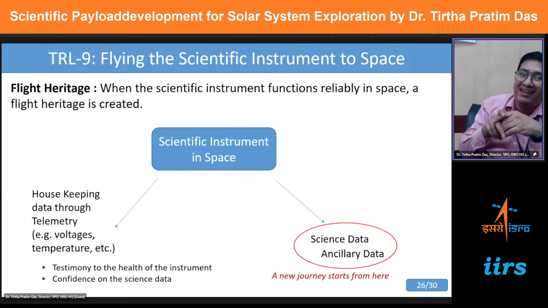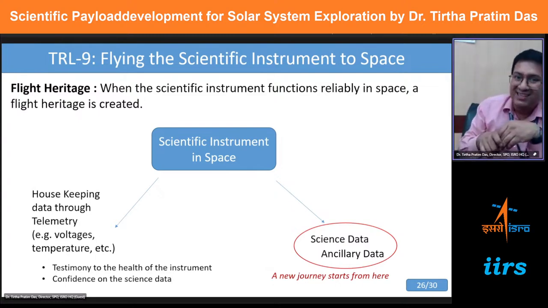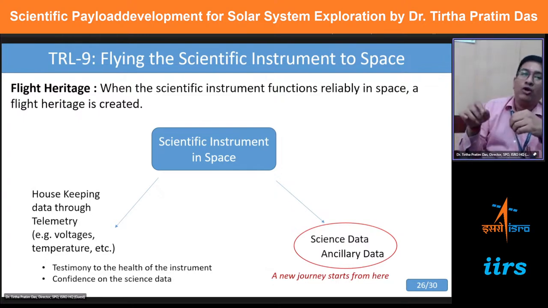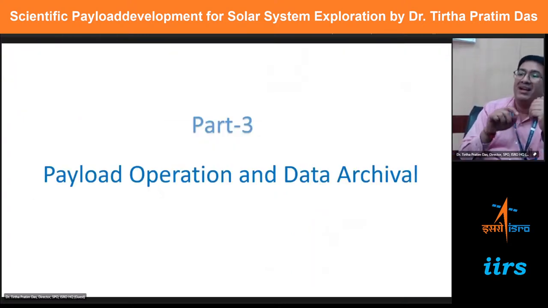It should not happen that you are desirous of doing science from the moon surface, and your instrument was looking at deep space. Correct, right? So there is certain supporting information, not the HK data. HK data tells about the health of the instrument. Some supporting information which is not science data, but is contextual information necessary for making sense of your science data. And a new journey starts from here.